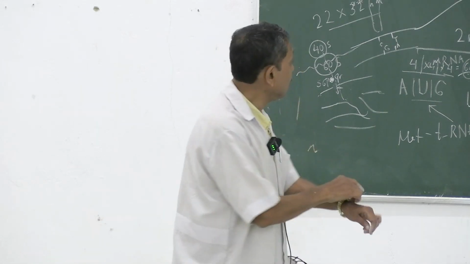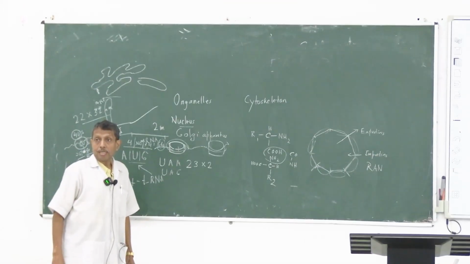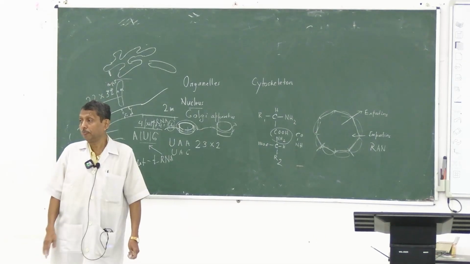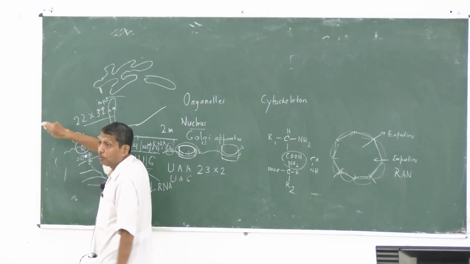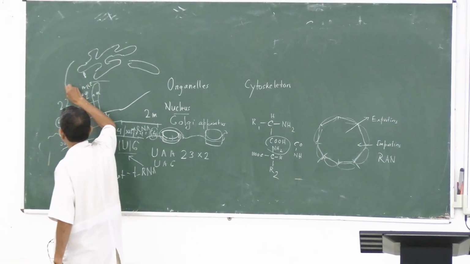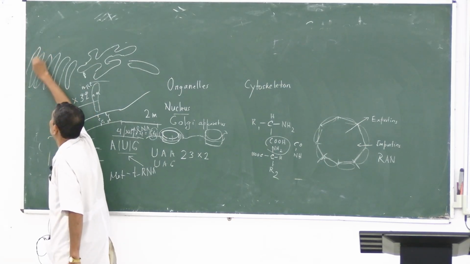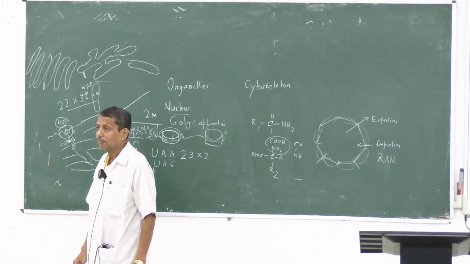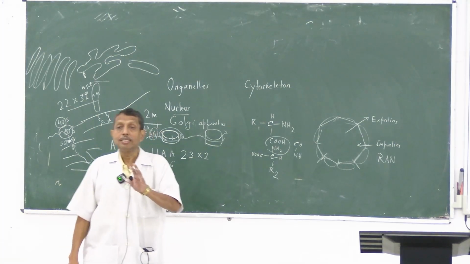Now, what is occurring in the Golgi apparatus? The Golgi apparatus is like stacks of dinner plates, near the nucleus, and close to the endoplasmic reticulum. They are this type of structures, six or so, and in the Golgi apparatus there is final formation of the proteins.